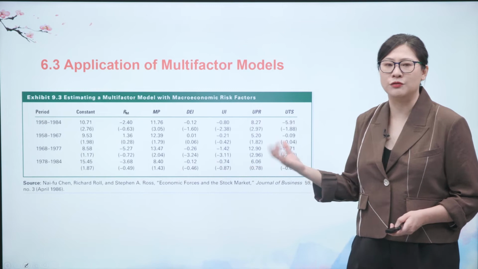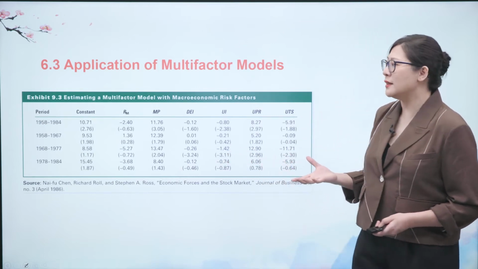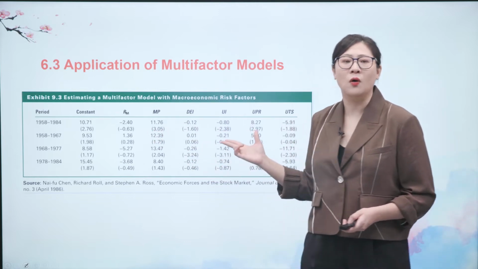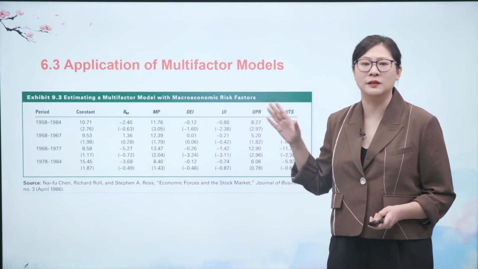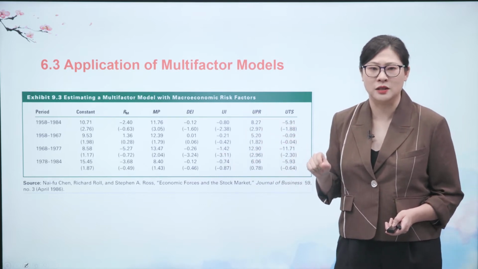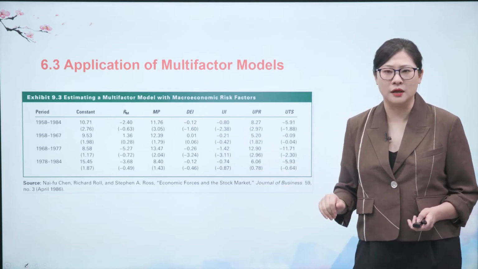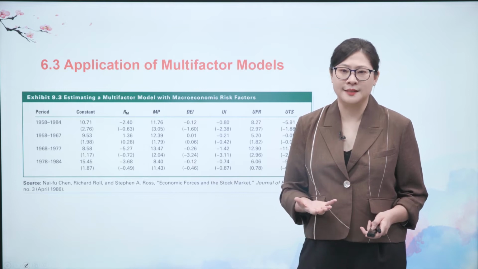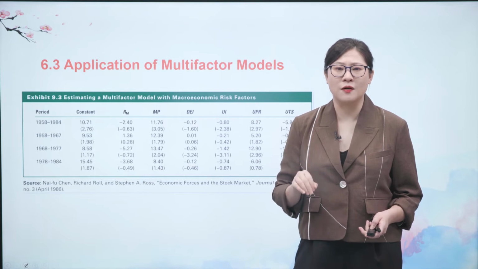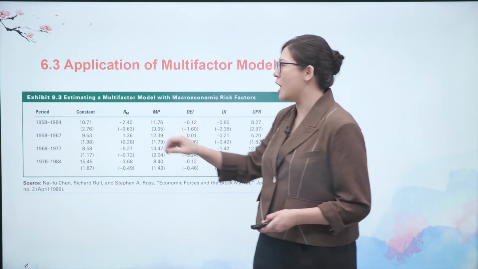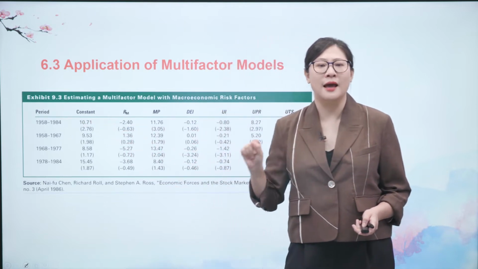Now let's have a look at the regression result for this model. From this table, we know there is quite a difference in the regression results, the slope, and the significance, and it changes differently based on different time periods. In this empirical study, they use stocks from the New York Stock Exchange, and the time period is from 1958 to 1984.